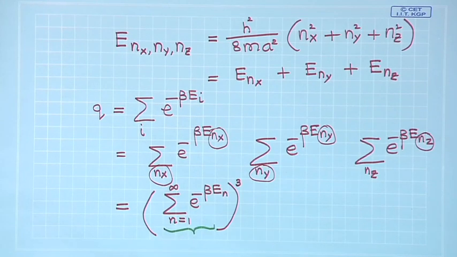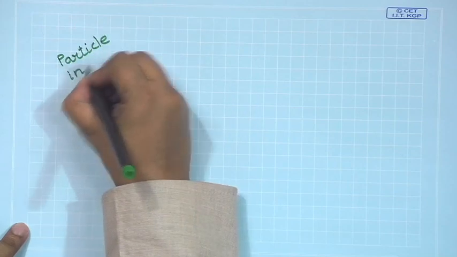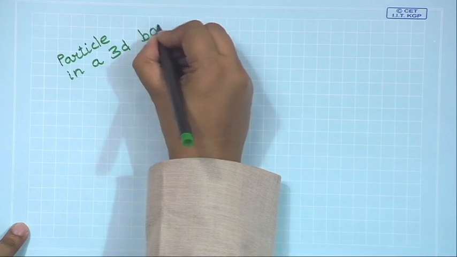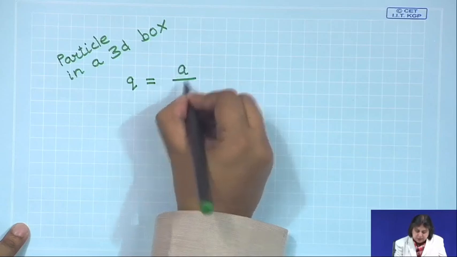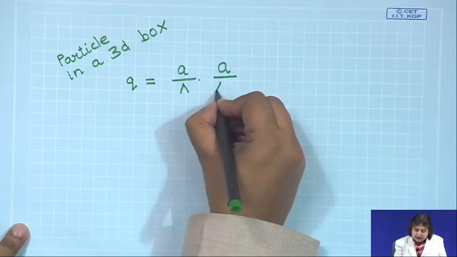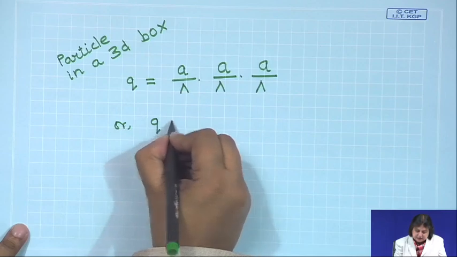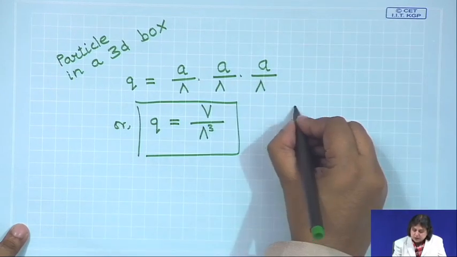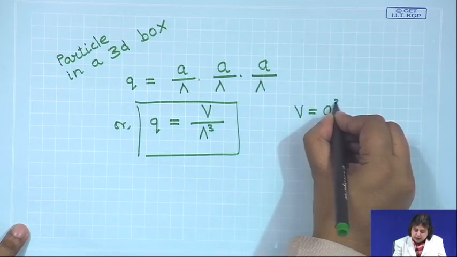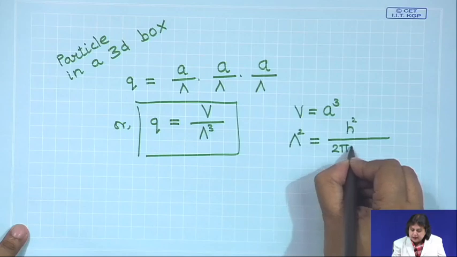Yes, we did that for a one dimensional box right now, and therefore, what I will have for a particle in a 3 dimensional box is this, that small q is going to be equal to a by lambda for the x direction, a by lambda for the y direction, and a by lambda for the z direction, or in other words, I can write it as v by lambda cubed, where I have assumed that I have a cubic box such that v is equal to a cube, and by definition lambda square is equal to h square divided by 2 pi m kt.